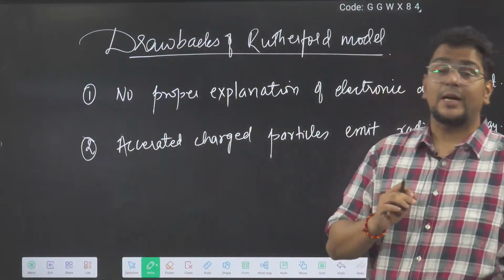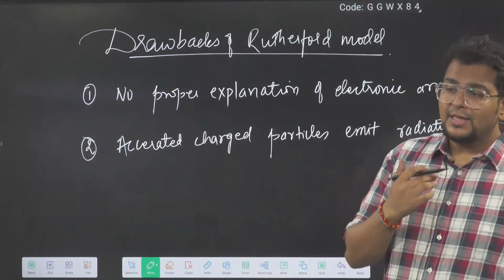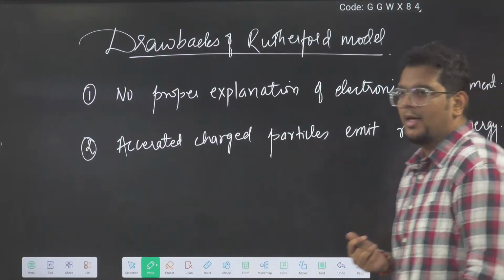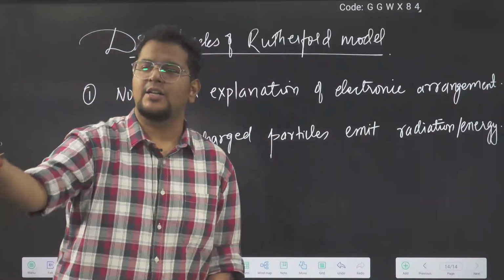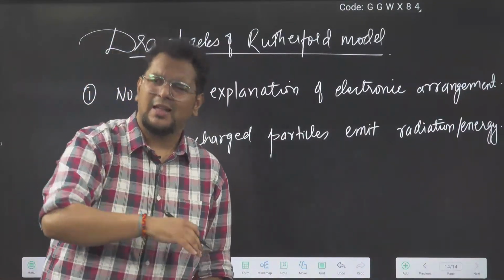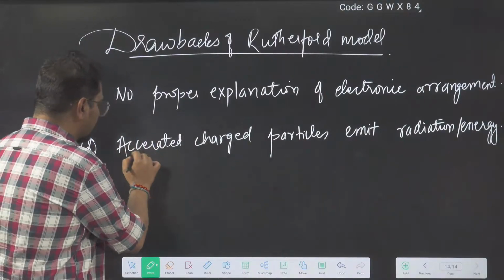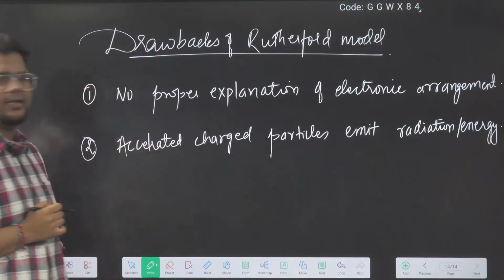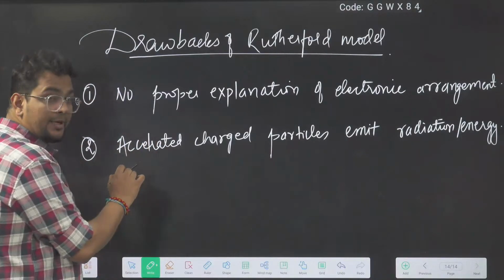In physics, you might have read about moving charges. When charges are accelerated charged particles, they release some radiation, mostly electromagnetic radiation. We can call it EM radiation, like X-ray, gamma ray. Accelerated charged particles emit radiation or energy. Clear, bhai?